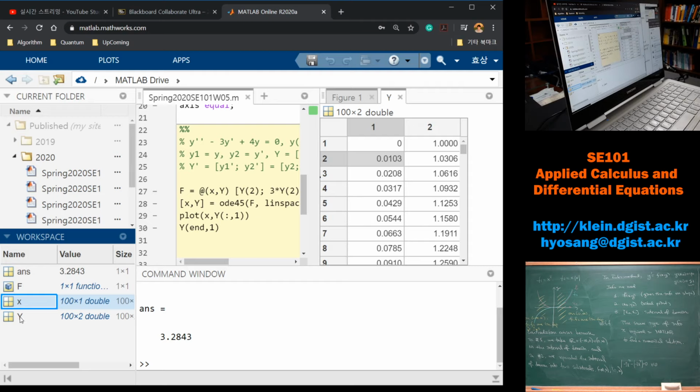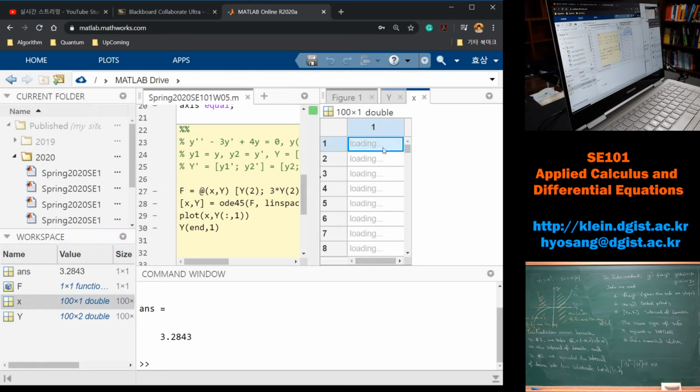So this array y is the value of the function and its derivative at each x value corresponding to the x array here. So the first value of x is 0, right? This is the content of the x array. First value is 0 and the last value is 1.